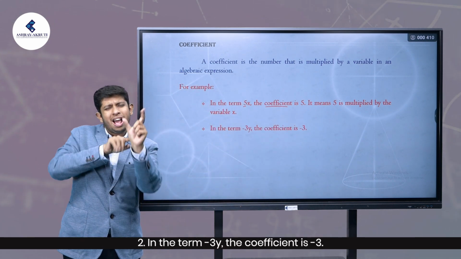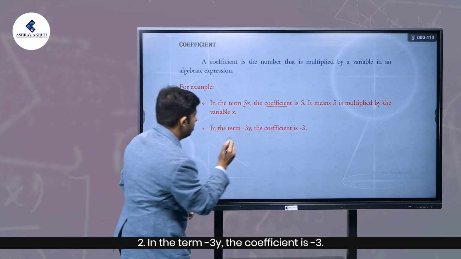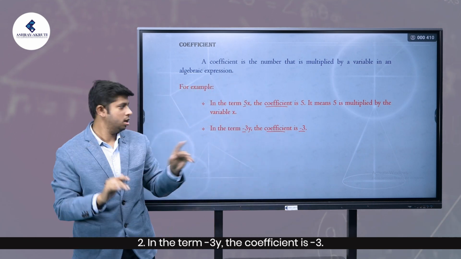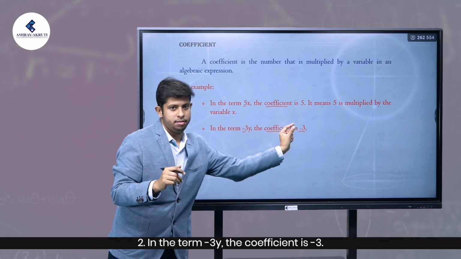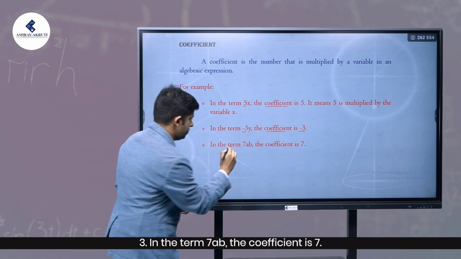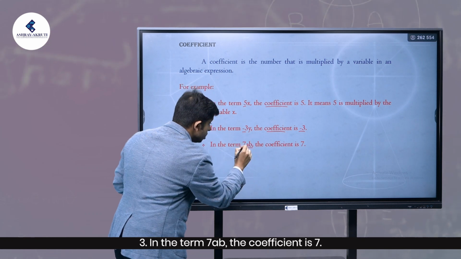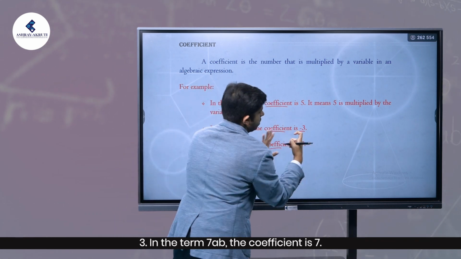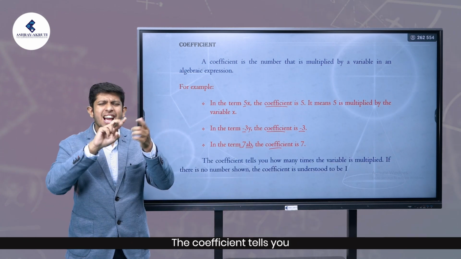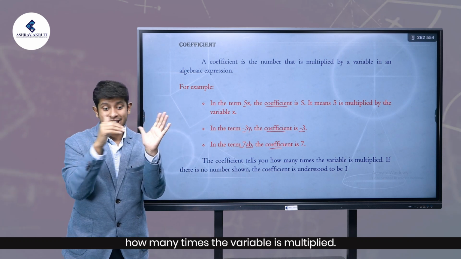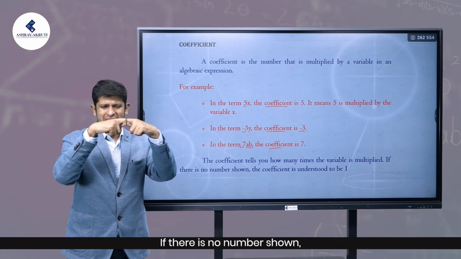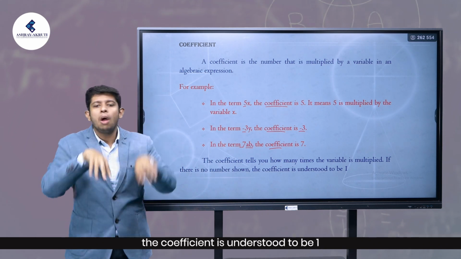Second one, in the term minus 3y, the coefficient is minus 3. Third, in the term 7ab, the coefficient is 7. The coefficient tells you how many times the variables multiply. If there is no number shown, the coefficient is understood to be 1.